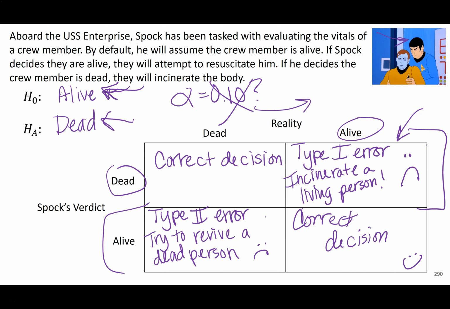So what's much more likely is I'm going to go with the smallest one, 0.01. You could make it smaller, but I usually don't see it smaller than 0.01. But in this case, type 1 error is really bad. So you want your significance level to be really low, because a high significance level means that they're going to incorrectly say people are dead, and living people are going to get incinerated too often.